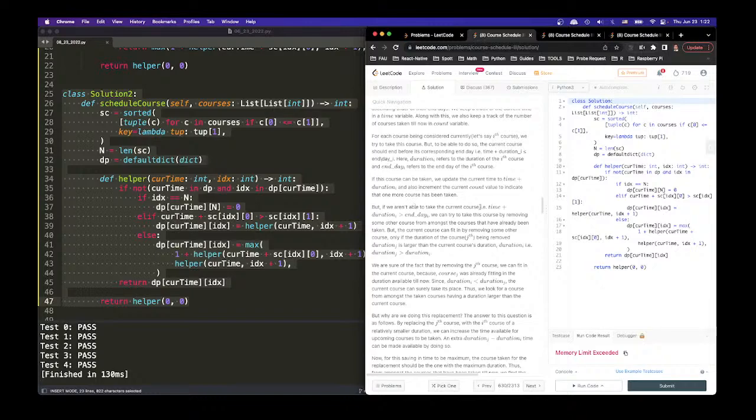If we aren't able to take this course, we can try to take it by removing some other courses, only if the duration of the course being removed is larger than the current course's duration.